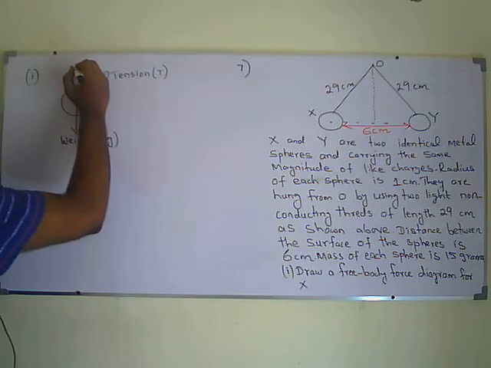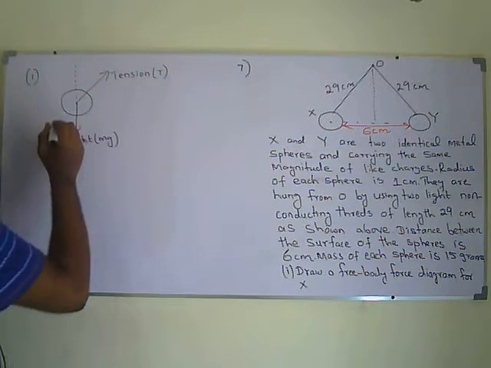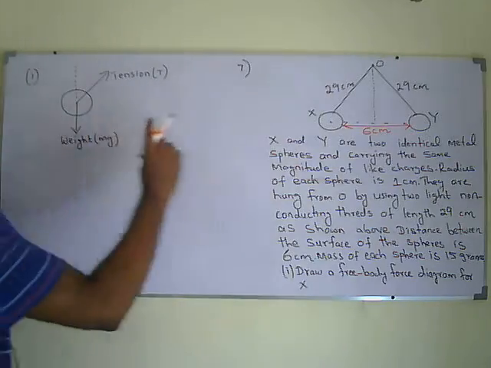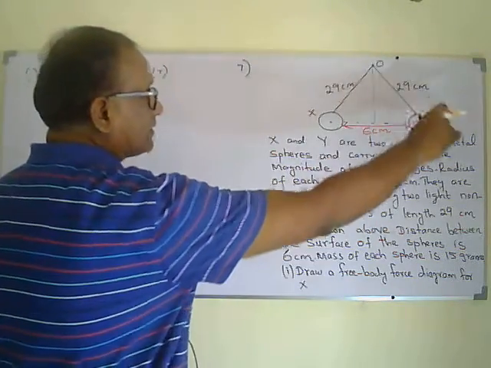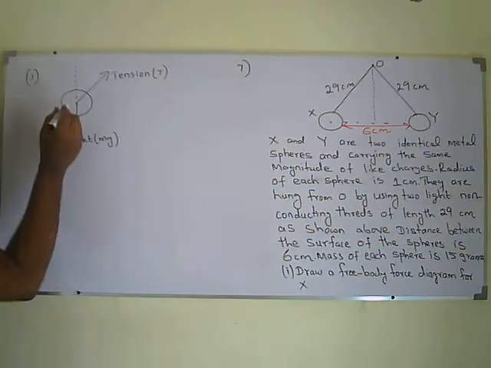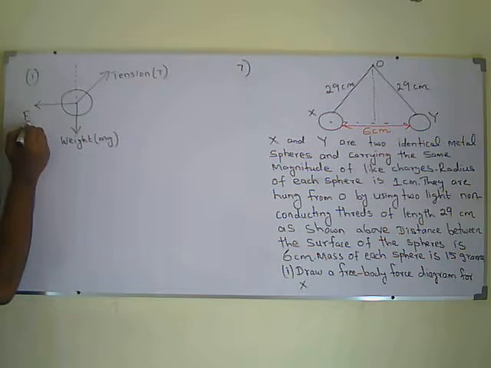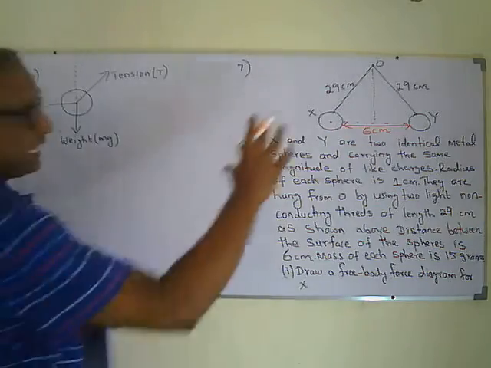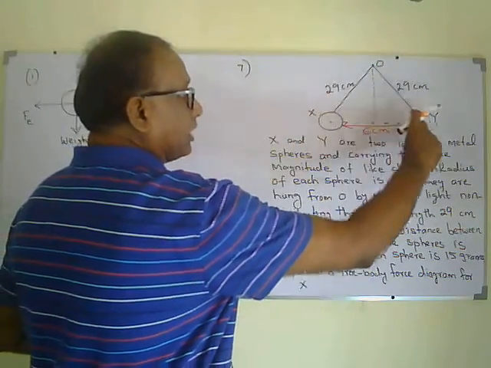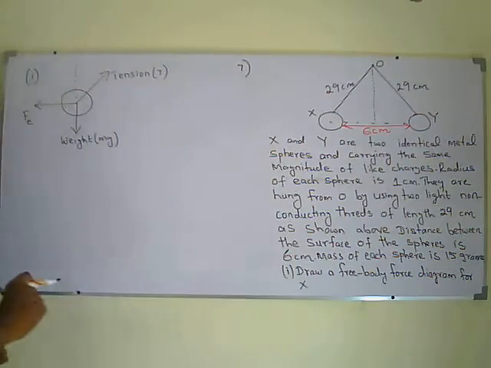The electrostatic force will be horizontal because the spheres are on the same line with the same string length, so it will be along the horizontal line, horizontally towards the left. It won't be in any other direction. So this is the answer for the first part.